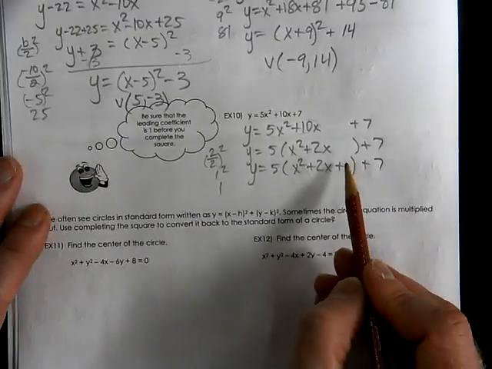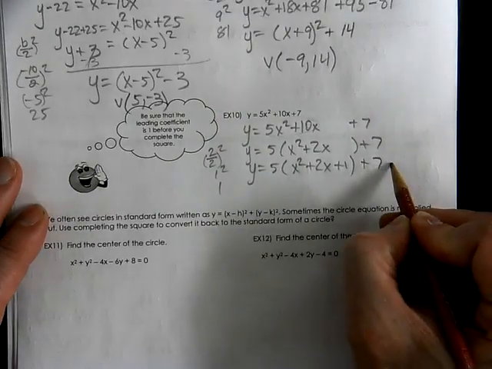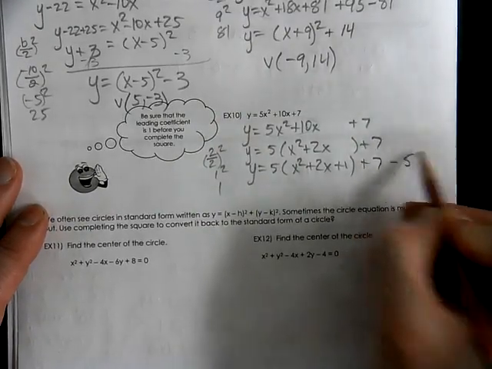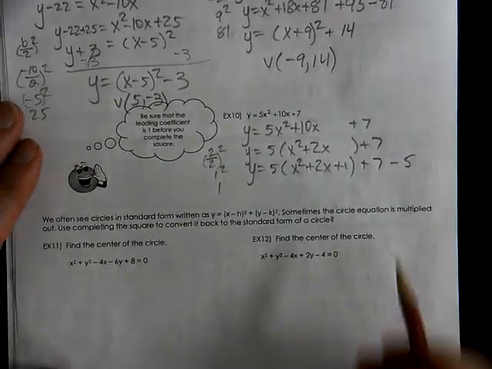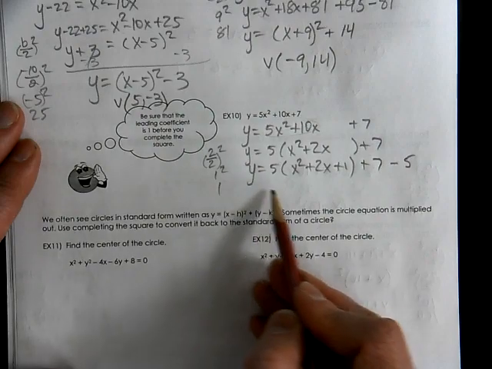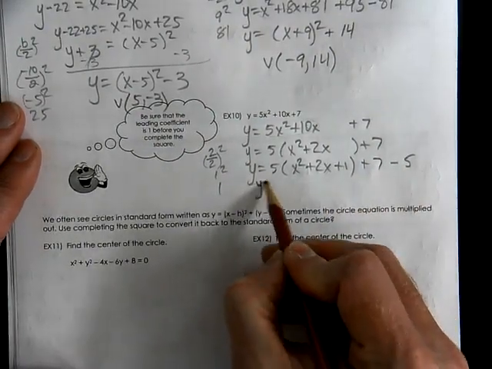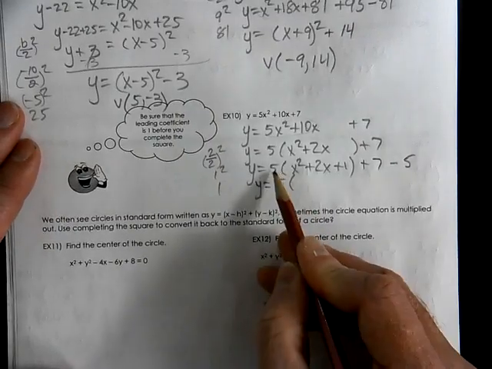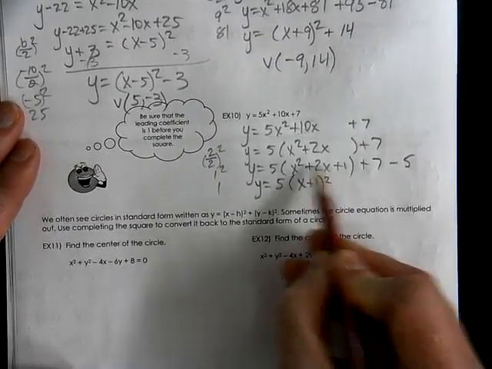So because we have a 1 here, that's 5 times 1. So we're going to have to subtract that amount to keep it balanced, to keep the equation the same. That would be just like adding 5 to the left-hand side and subtracting it back across.